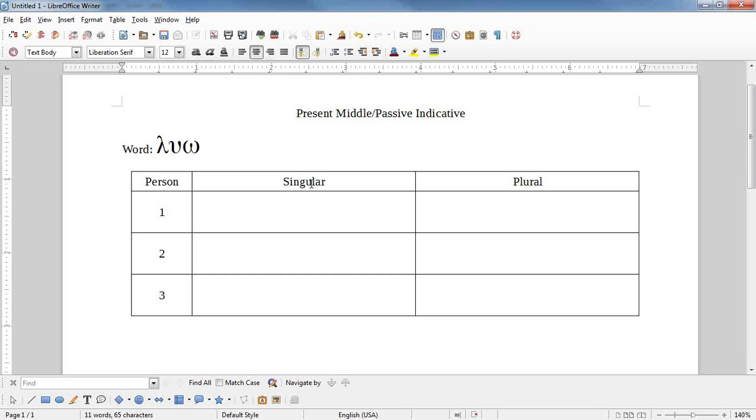So they're identical. Just keep in mind that this form specifically is identical for the middle voice and the passive voice. So that's why we call it the middle passive. And like I said, luo means to loose or to destroy.